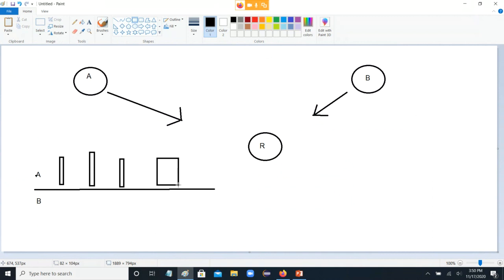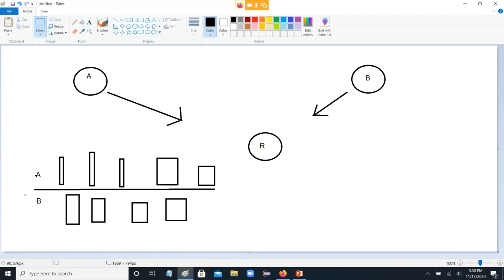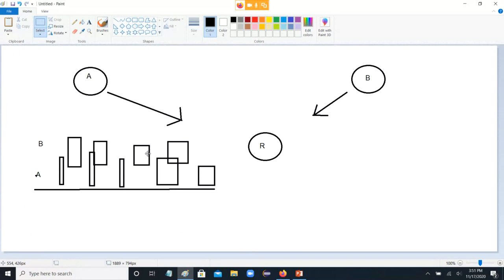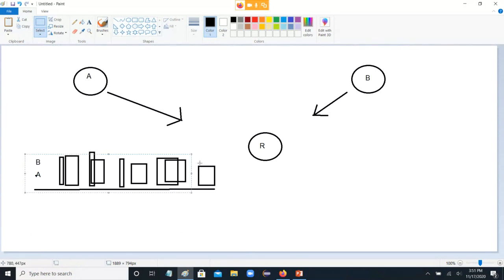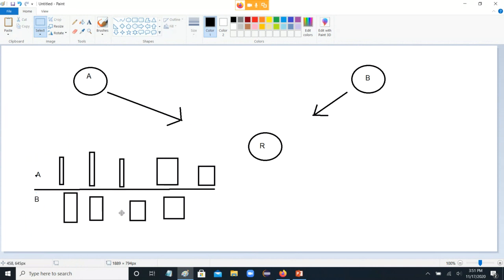And I'm just drawing, you know, for every thing that A is sending, B is going to be sending some too, and sometimes they're going to overlap and sometimes not. So what will happen is if these two signal streams get received together, they're basically going to interfere with each other, right? And what R will receive will be some kind of garbled mess that's not what A is sending and not what B is sending. R is going to be, oh man, I cannot process this. This is a mess.